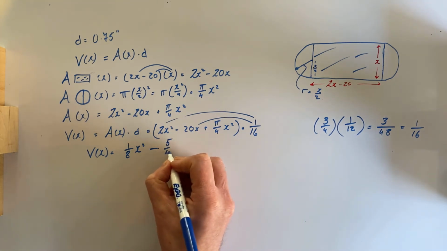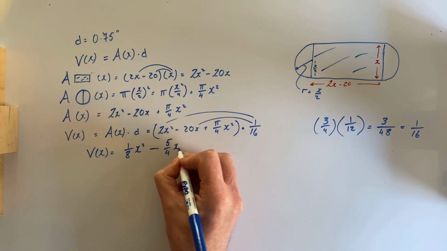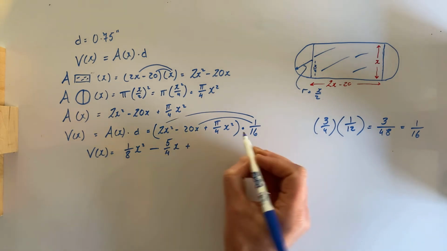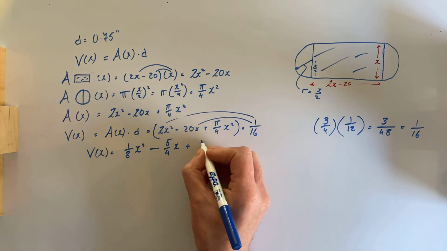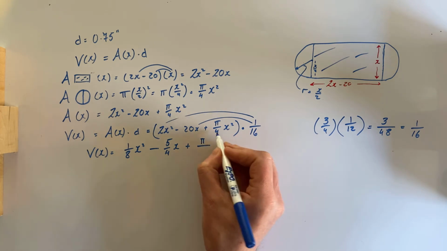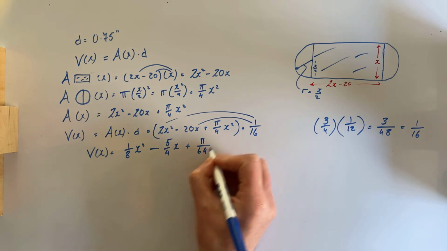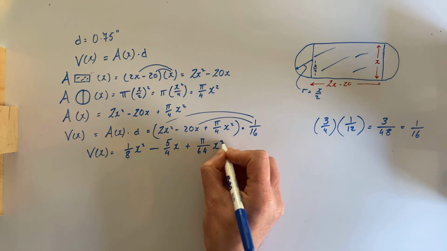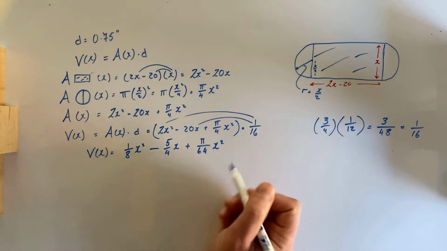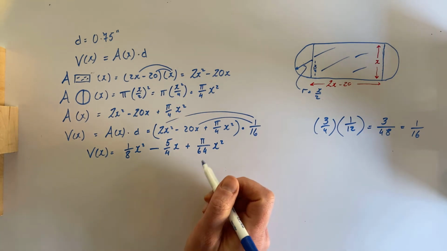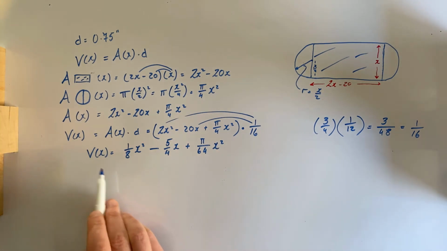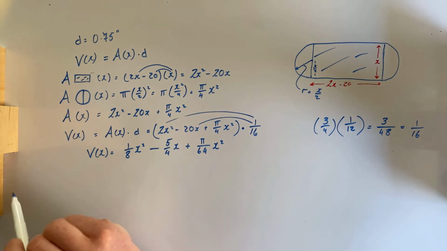So it's minus 5 over 4 x. Plus, finally, pi times 1 is pi, 4 times 16 is 64, so pi over 64 x squared. And that's it. That is my volume now as a function of x, and that's the first part of the question complete.